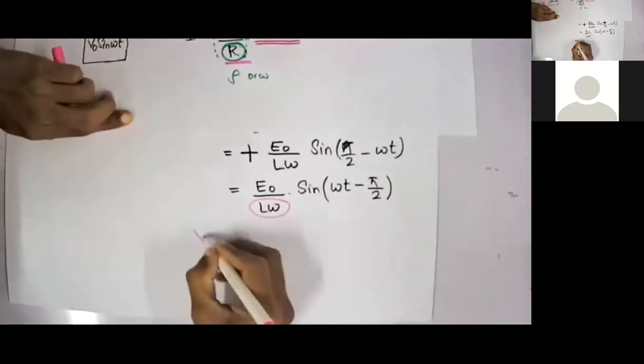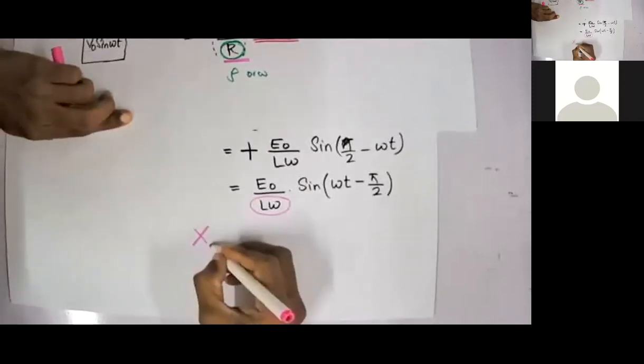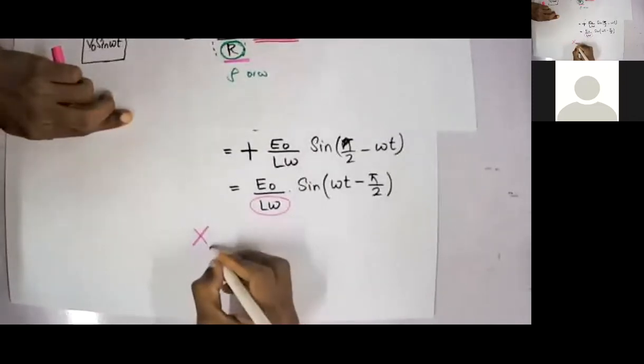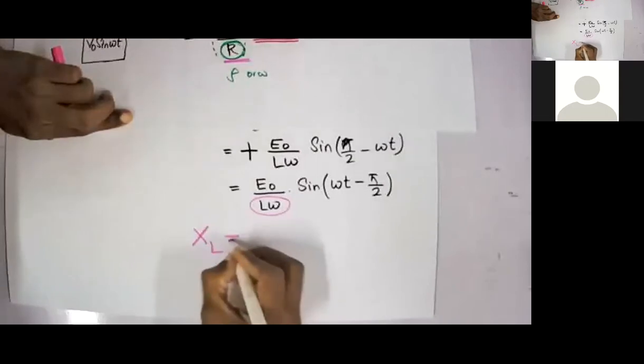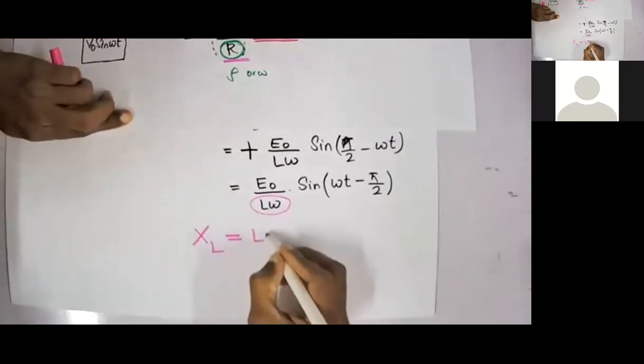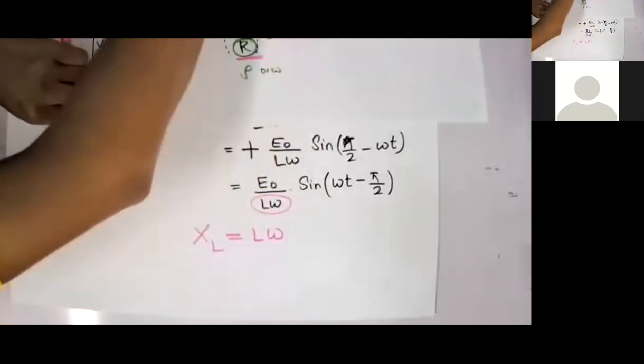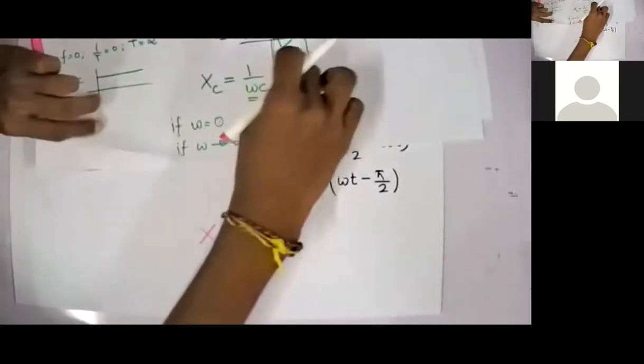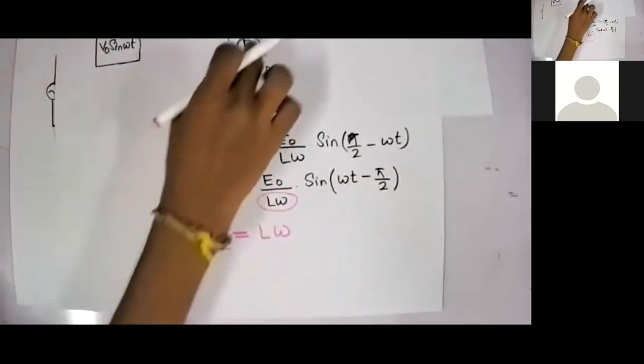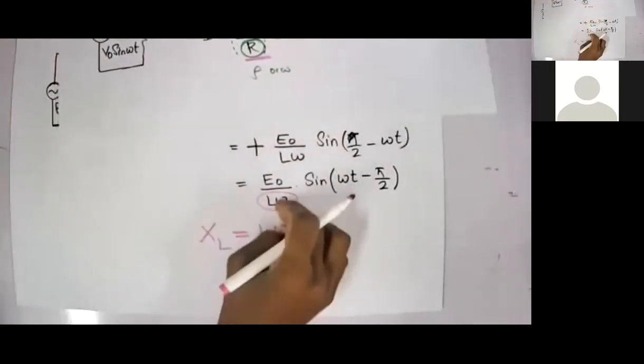So I could say my reactance due to an inductance, which is XL, equals L into omega. Since I have 1 over R, I am making it 1 over omega here, but here both are the same, R and L omega.